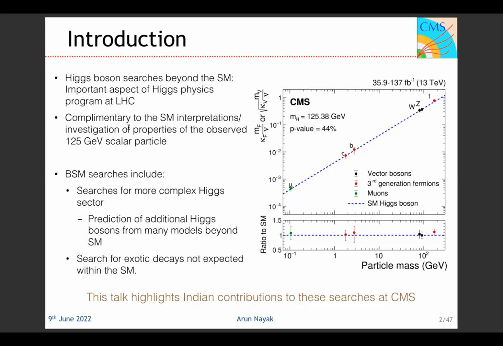When we say BSM Higgs searches, it basically means searches for a more complex Higgs sector, where many models beyond the standard model predict additional Higgs bosons, and also searches for exotic decays of the observed Higgs particle, which are not possible within the standard model. So in this talk, I will only highlight the analyses where Indian people have made contributions.